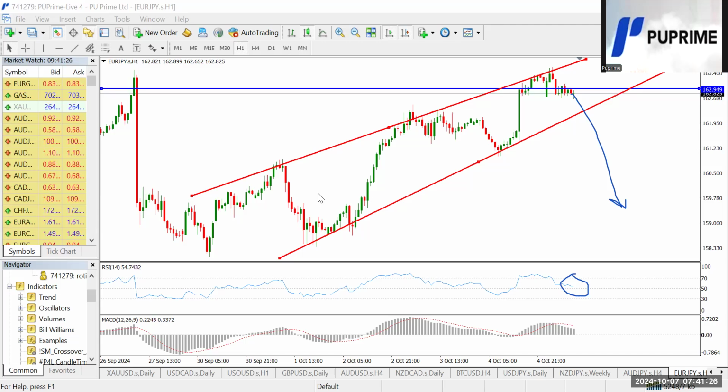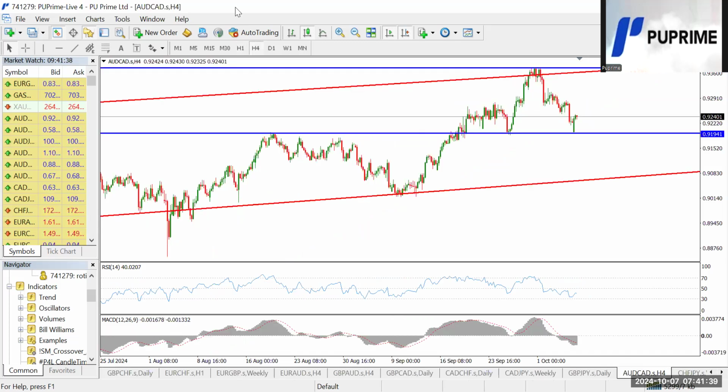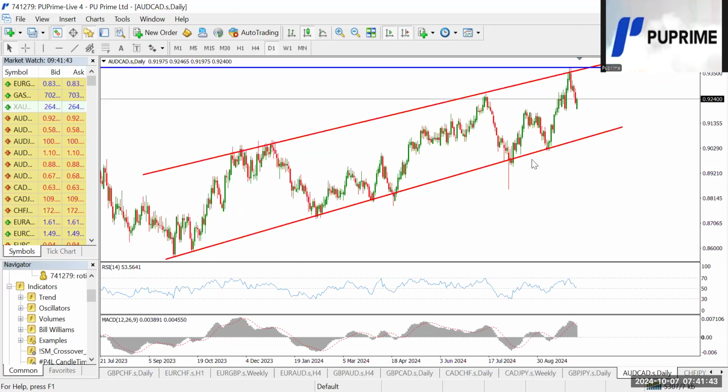Emmanuel, AUD CAD please. I have a sell trade on it. All right, so let's look at the AUD CAD. All right, so this is the AUD CAD. Now, from my previous outlook on this instrument, we're expecting an opportunity to sell, because if you look at it, okay, let me look at it from the daily time frame.